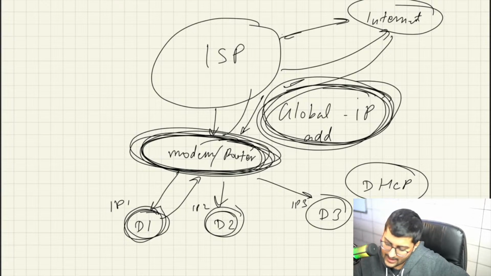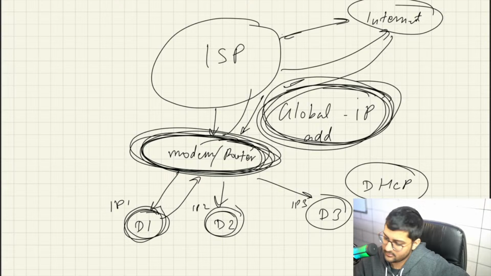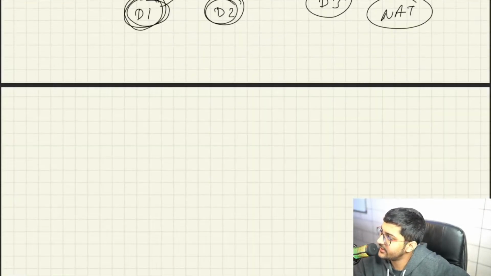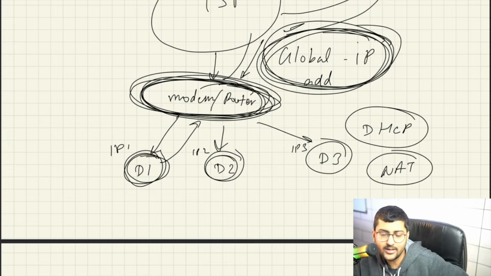It does that using NAT, Network Address Translation. Device 1 had Google Chrome open in a tab, and that is what requested this. Sound good?